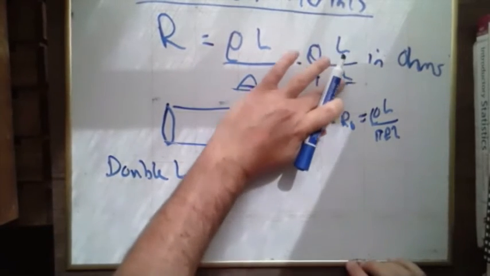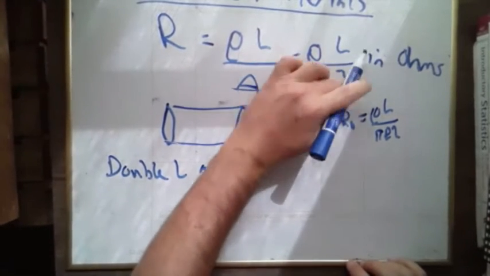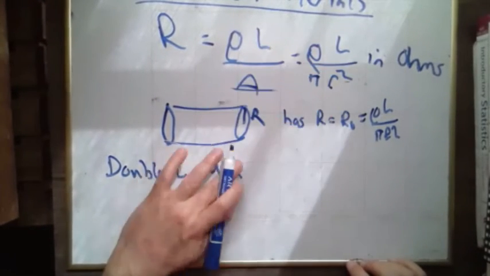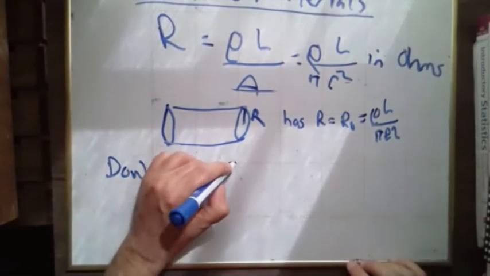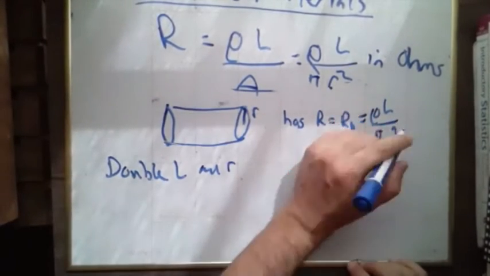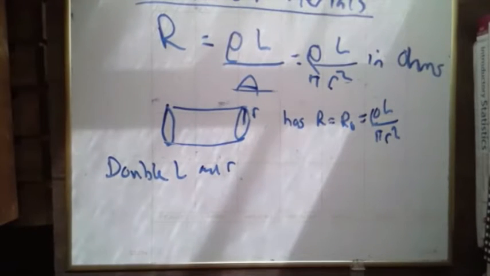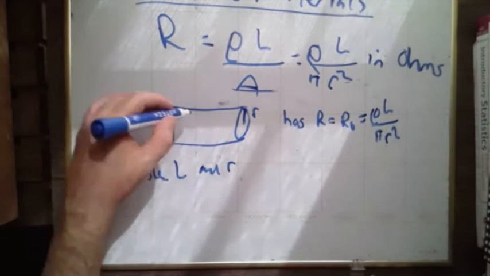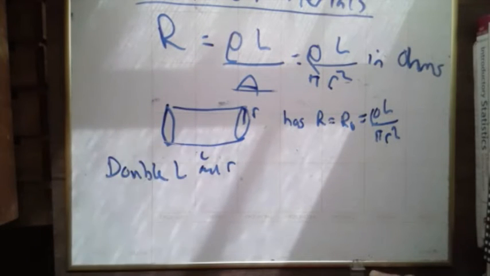Let's call the radius little r. I was writing R to mean both the radius of the cylinder and the resistance, and you should never use the same letter to mean two different things. I apologize for that.